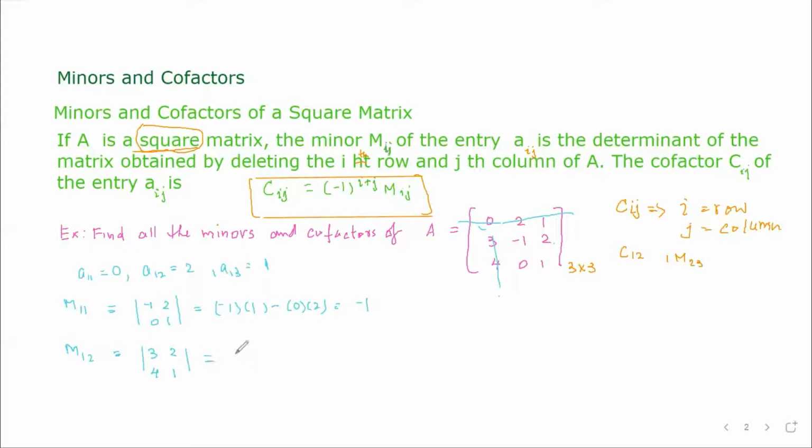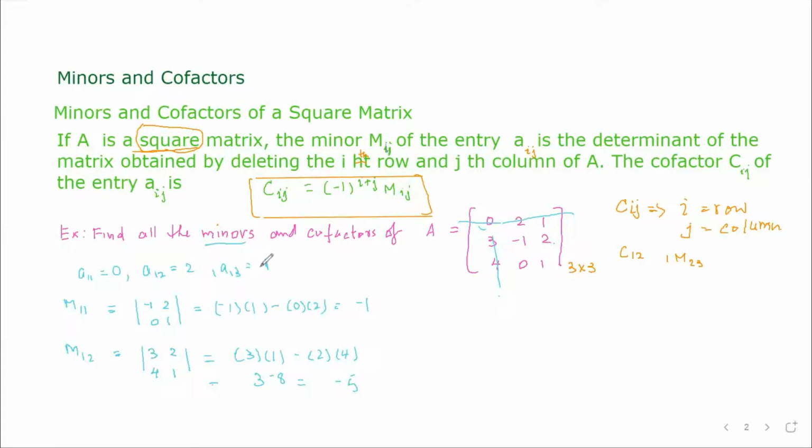Then you do the determinant: 3 times 1 minus 2 times 4. So this becomes 3 minus 8, and you are left with negative 5. So the minor of the first row, second column equals negative 5. This is how to find a minor.